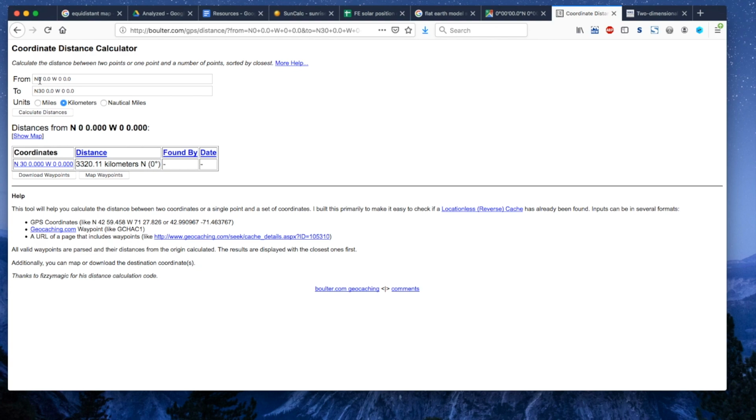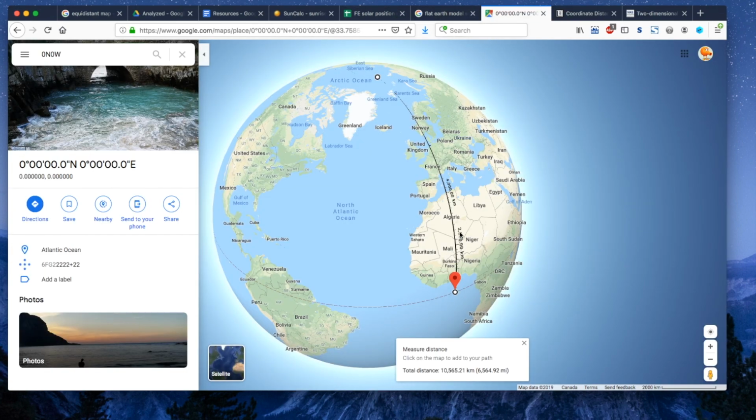This one, I used 0 degrees north, 0 degrees west to 30 degrees north, 0 degrees west, and it gave me 3,320 kilometers distance. If we multiply that by 3, it's 9960 point something. So it's just under 10,000 kilometers, and it's pretty close to what Google Maps gives from this coordinate to the North Pole.